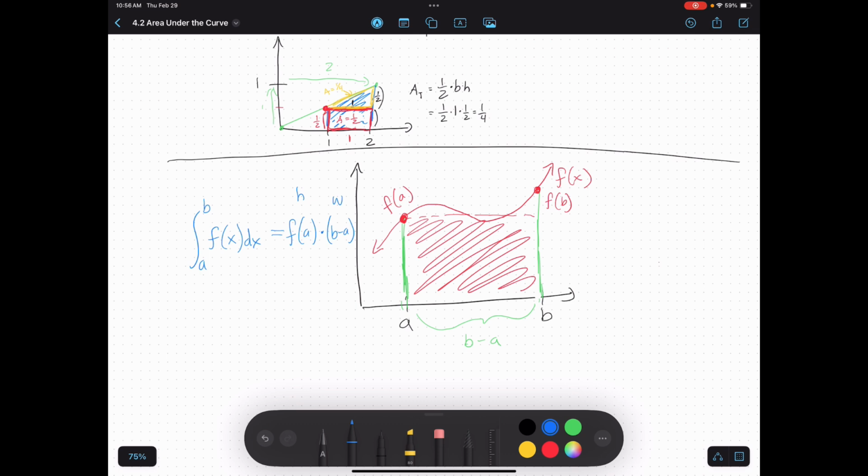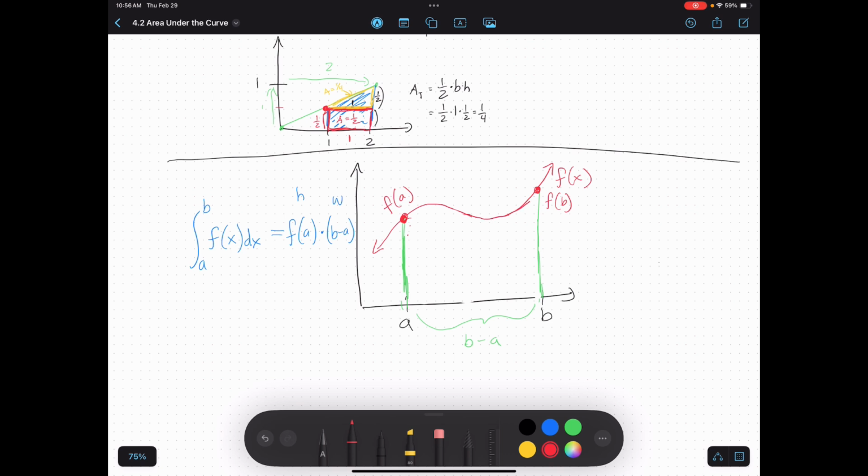How could I make this more accurate? Well, it turns out to make this more accurate, I should not have shaded this in because now I've erased it all, but I don't have to limit myself to only one rectangle.